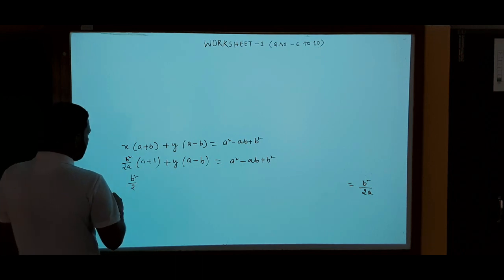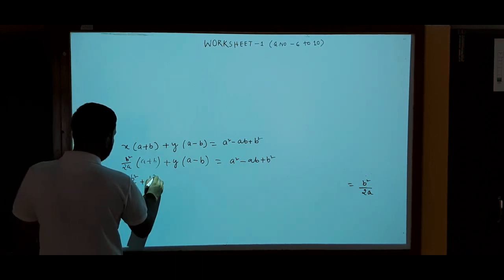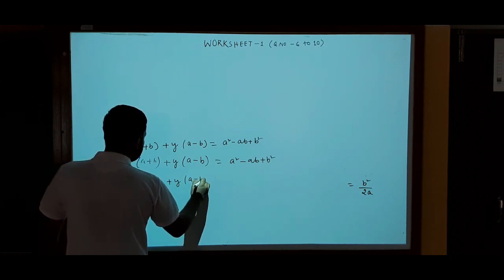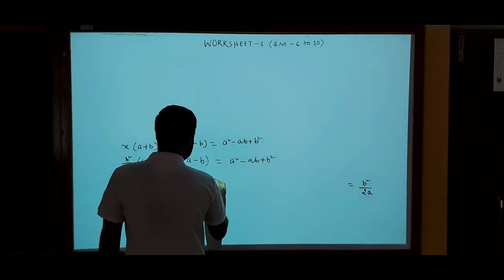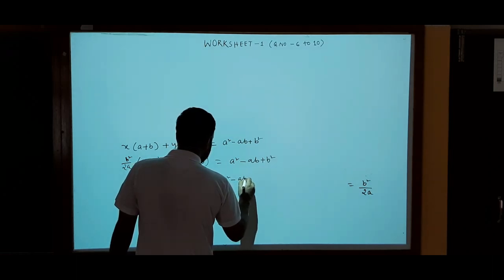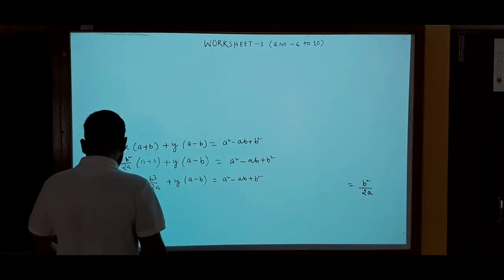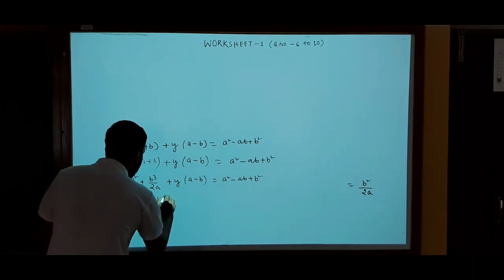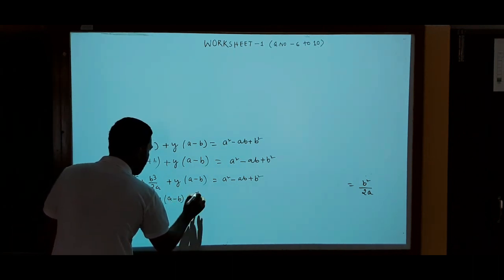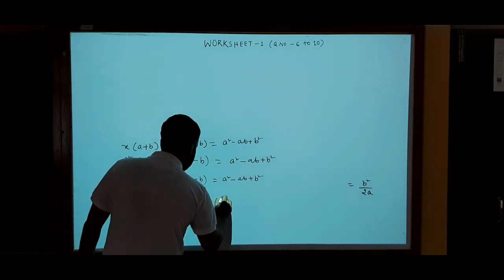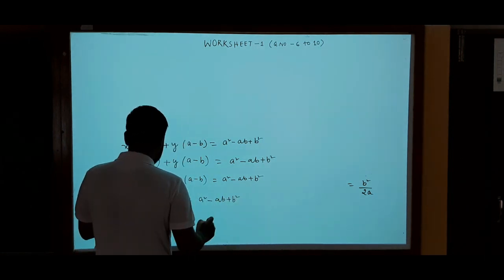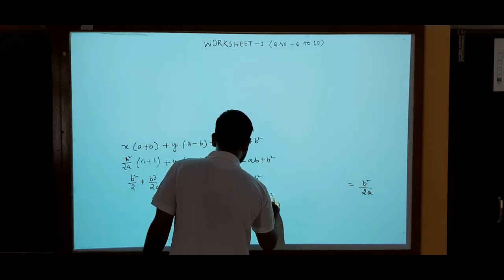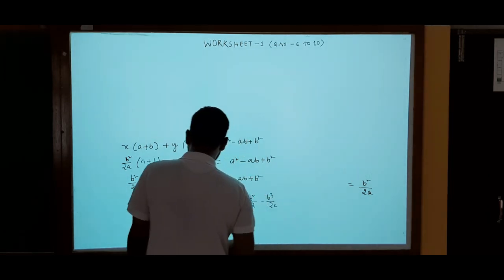B square multiplied by b upon 2a, so I will get b cube upon 2a plus y into a minus b equal to a square minus ab plus b square, right? Now after that, y into a minus b equal to, can I write a square minus ab plus b square, and this is minus b square upon 2 and minus b cube upon 2a.